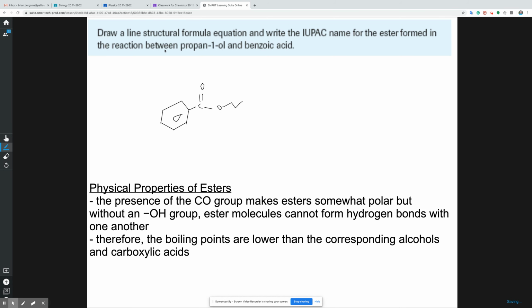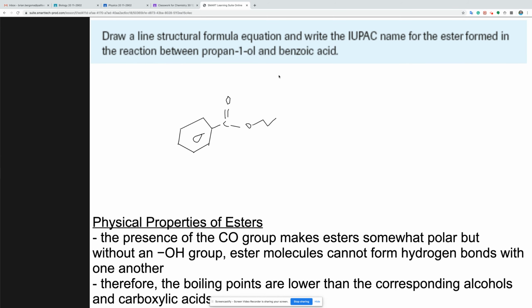This is what the reaction would look like, this would be the product if we reacted these two. And then the name for it, we start here. This is our prefix, a 3 carbon chain, so it's going to be propyl benzoate. Propyl benzoate.